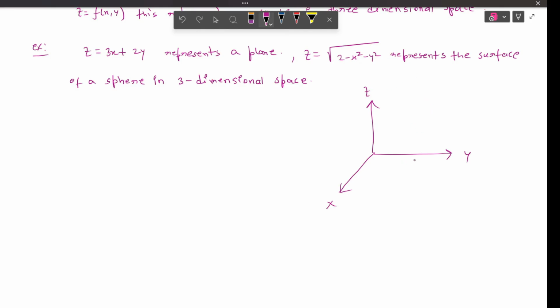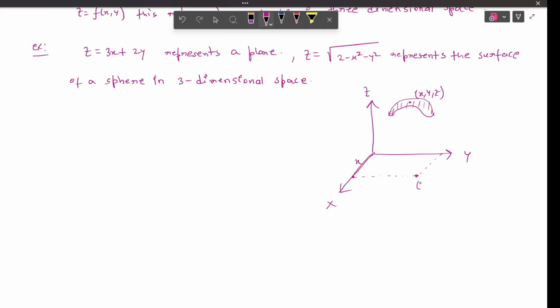And in this three-dimensional space, let us say we have a surface, something like this. Okay. And let us take one point in this three-dimensional space as x, y, z. So this is your x value, this is your y value.